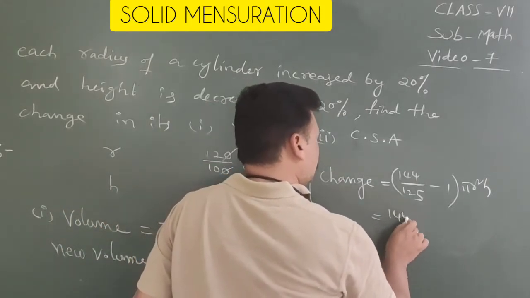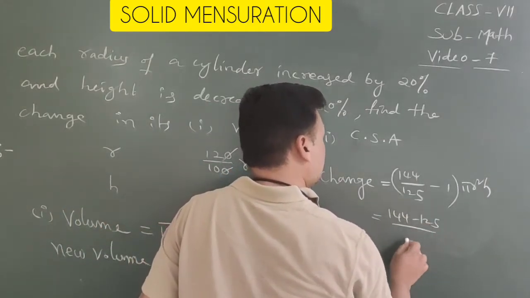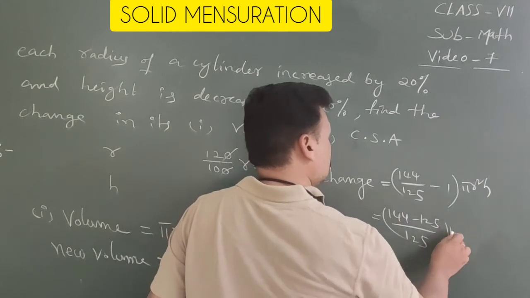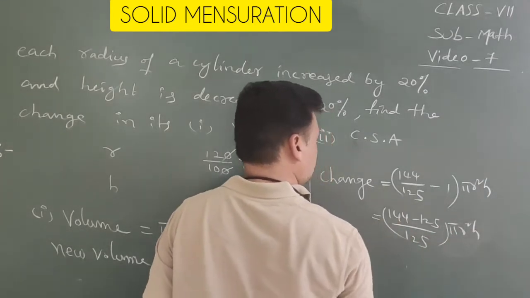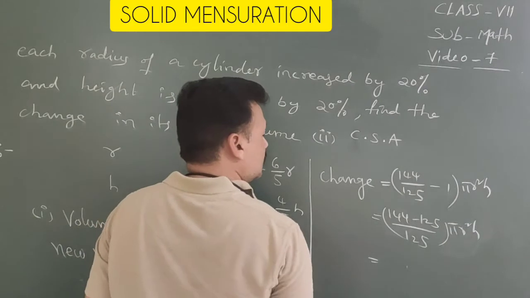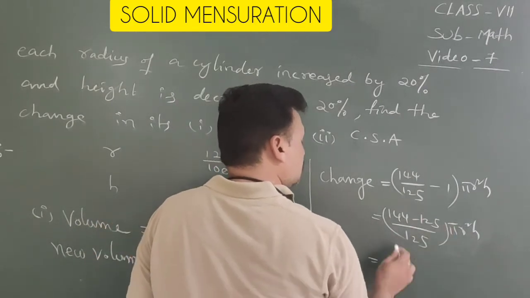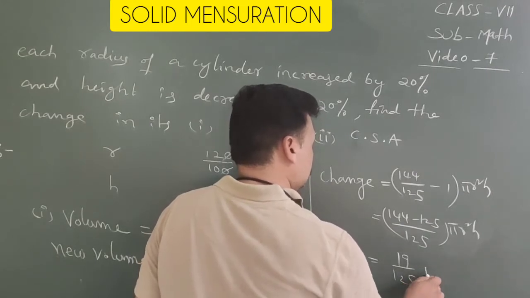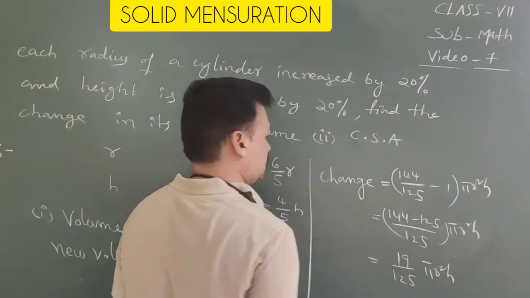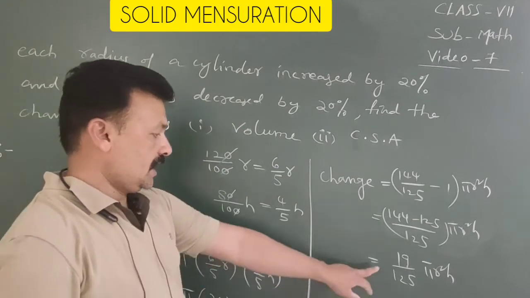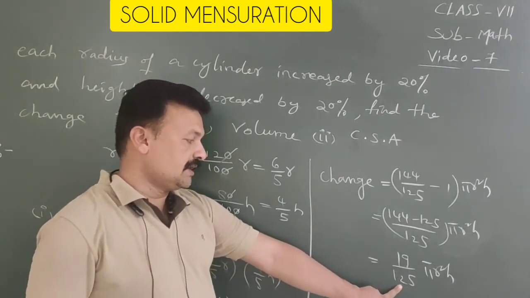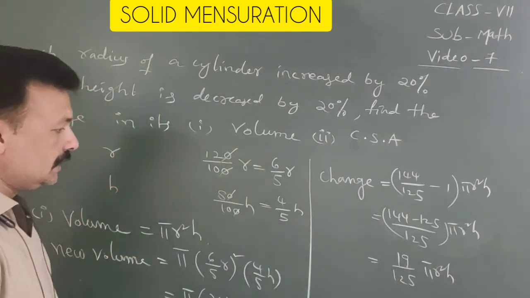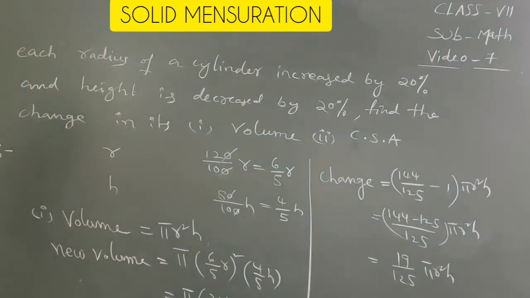Here 144 minus 125 by 125 pi r square h. Here that is 19 by 125 pi r square h. So 19 by 125 times the volume increased. In terms of percentages, we want to find it.